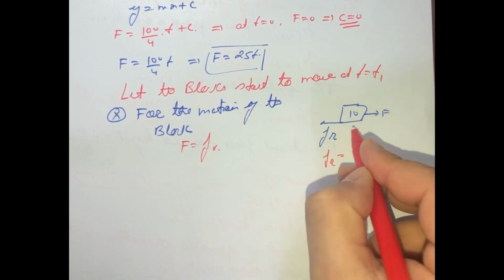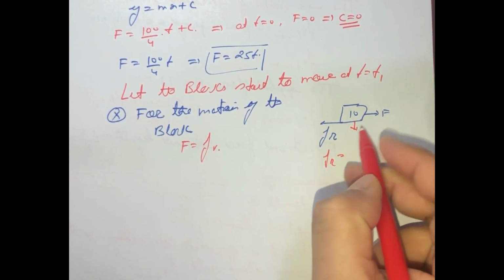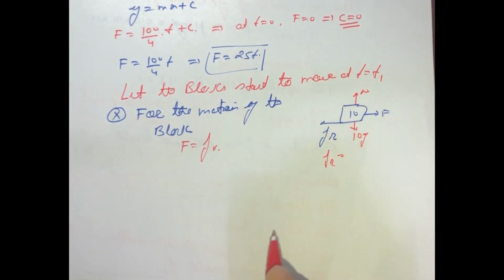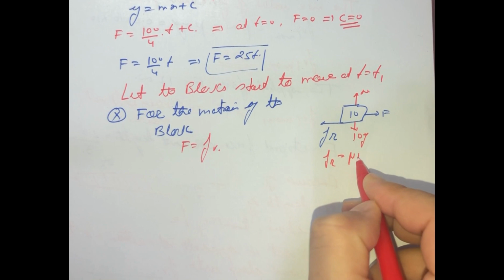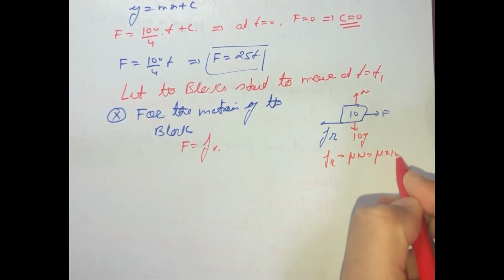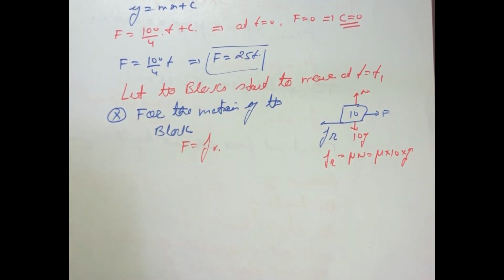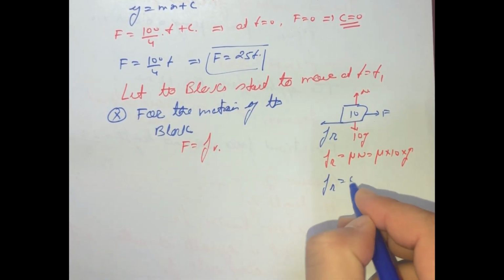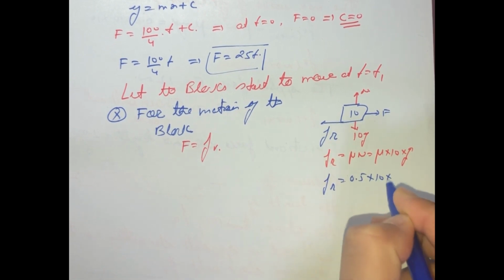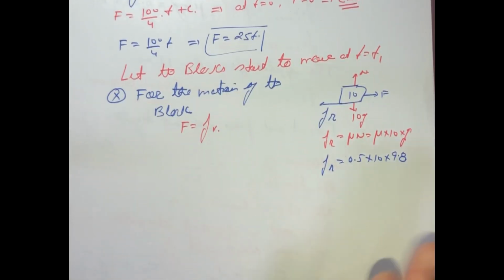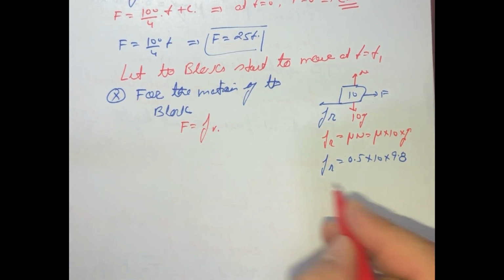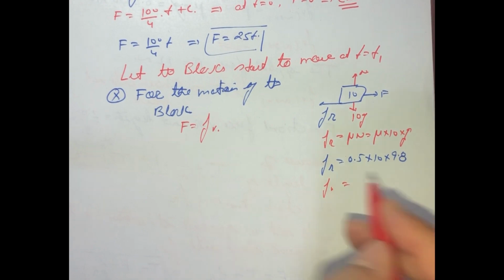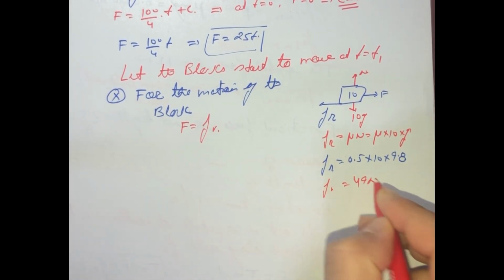We can find the value of Fr. In the downward direction there will be 10g, upward there will be the normal N, so Fr will be mu multiplied by N, or mu into 10 into g. Mu is given as 0.5, mass is 10 and g is 9.8, so Fr will be equal to 49 Newton.